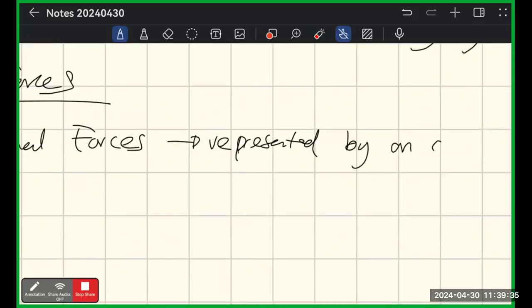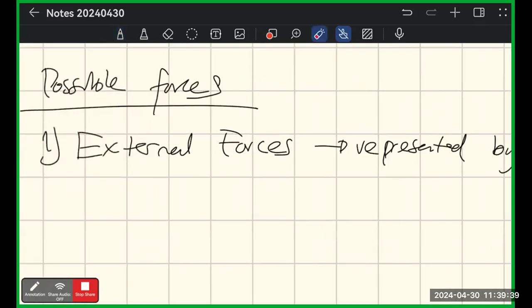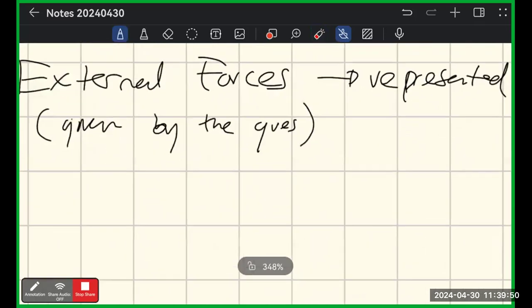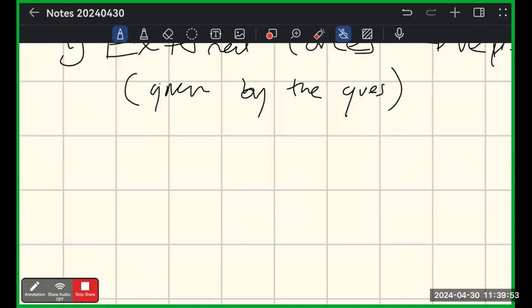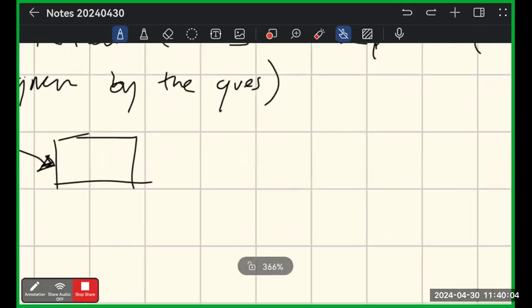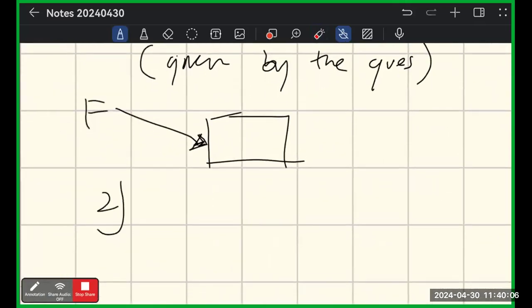The external forces are actually given by the question. So, for example, if you have this block, maybe the force will be like this. There's an F given to this block. It's just external forces.